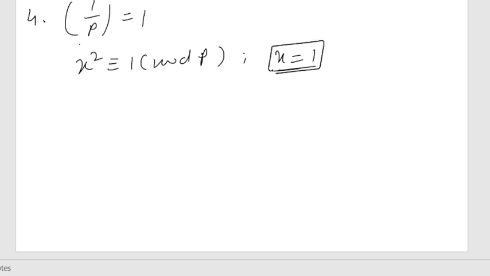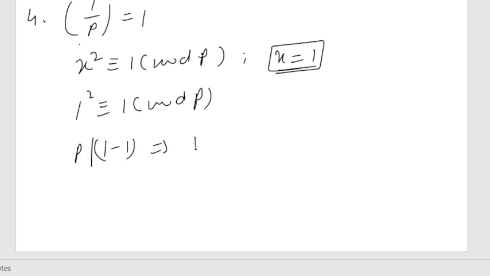It is a trivial solution. So if you put x is equal to 1, then 1 square is congruent to 1 mod p. That means p divides 1 minus 1, which is nothing but p divides 0, and it is always true. That means x square congruent to 1 mod p is always solvable, meaning the value of the Legendre symbol of 1 by p is always 1.